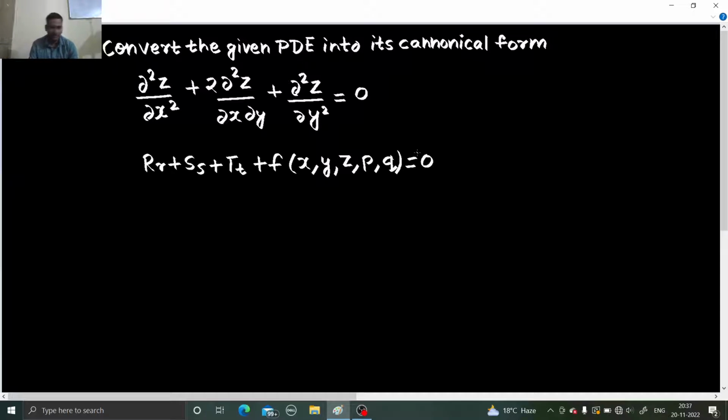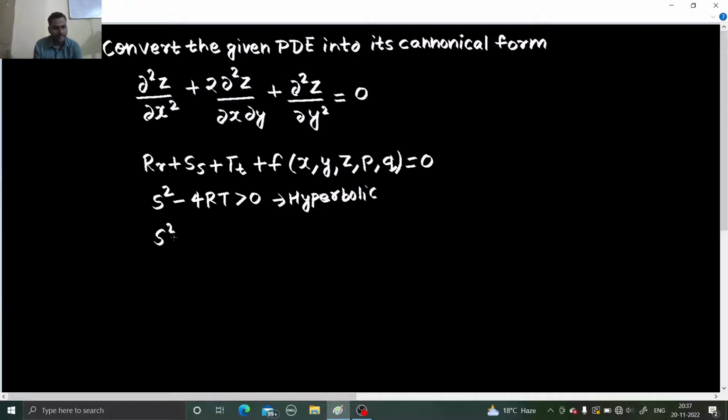Now to give you a brief, if s square minus 4RT is greater than 0, then it will be hyperbolic. We have a slightly different approach for converting that type into canonical form.